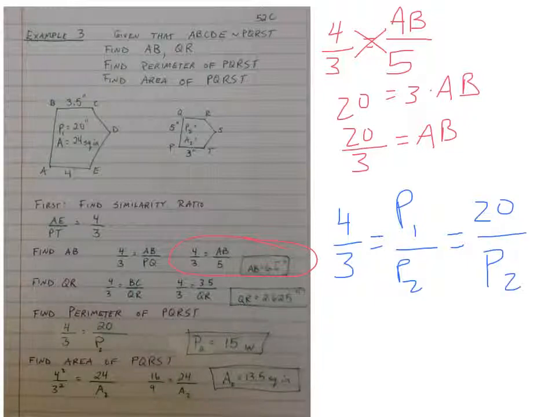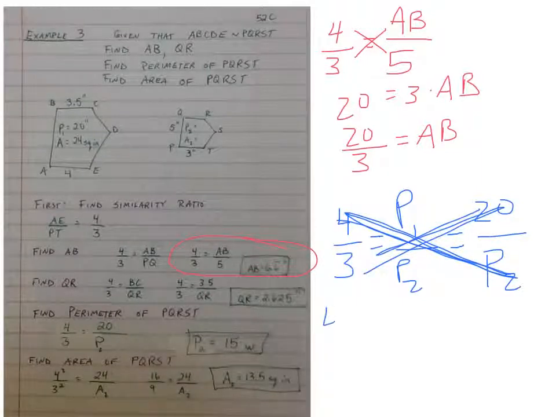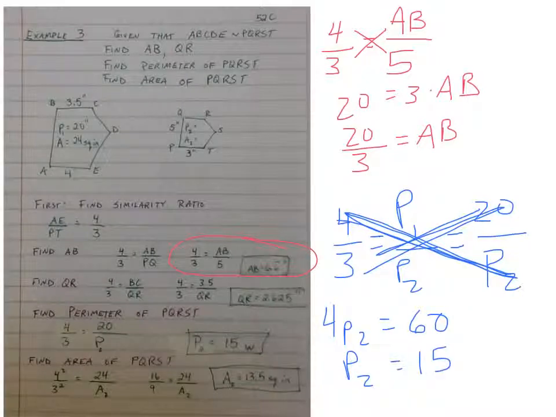So we can cross multiply. 4 times P2 equals 3 times 20. 4 P2 equals 60, and we find P2 to be 15. And we're talking inches, so 15 inches.